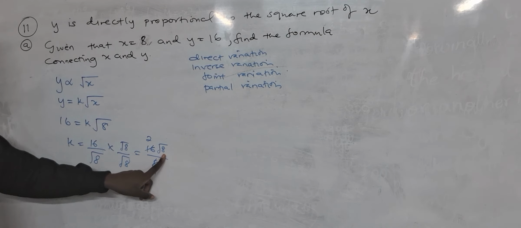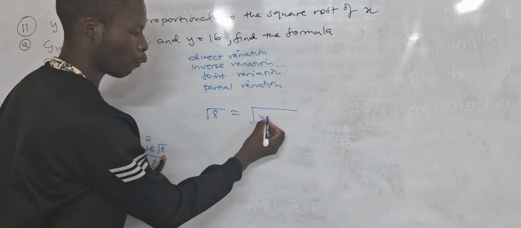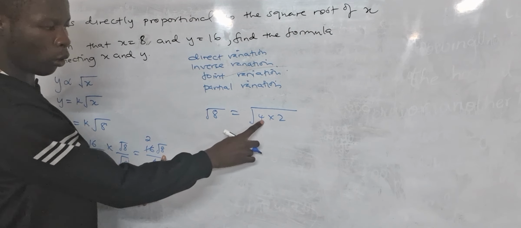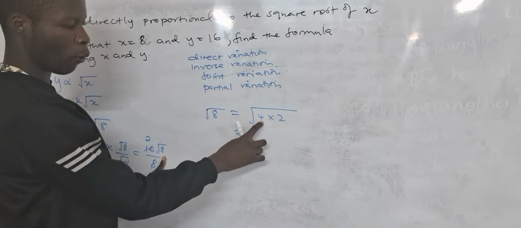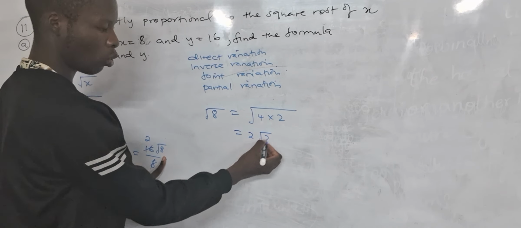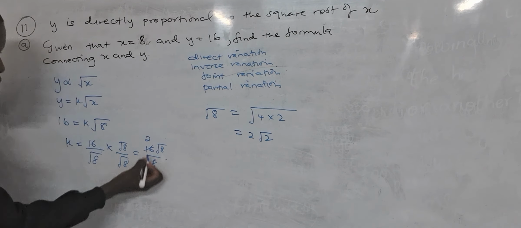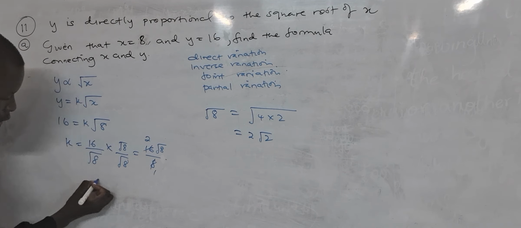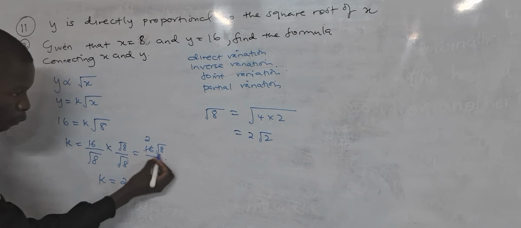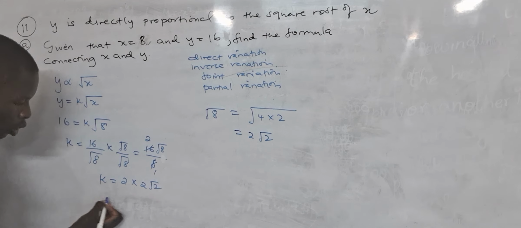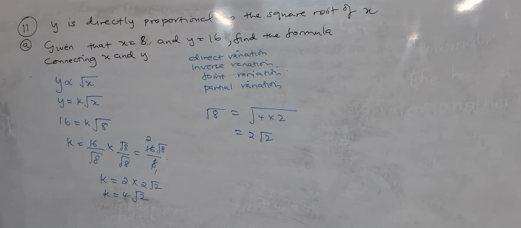Root of 8 can be further simplified. See, root of 8 is equal to the square root of 4 times 2. 4 times 2 is nothing but 8. Now the square root of 4 is 2, so root 8 is 2 root 2. So k is equal to 2 times 2 root 2, which is 4 root 2.